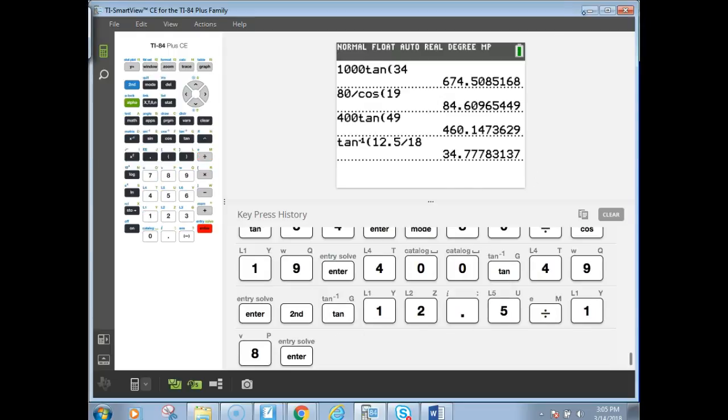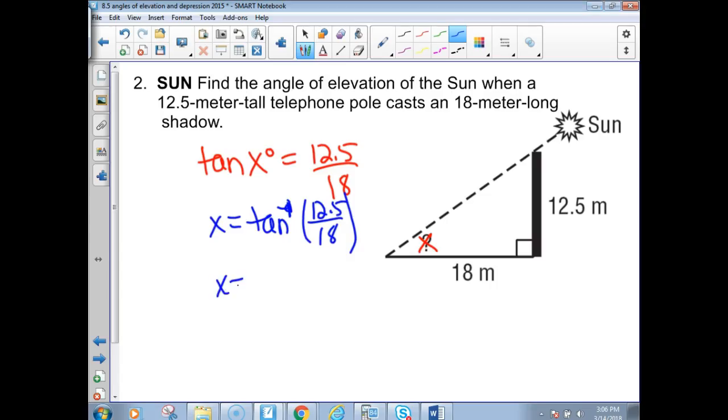All right, 34.8 degrees. If you're rounding to the nearest tenth of a degree, you're going to go after this first 7 and see that 7, round that 7 up to 34.8, excuse me. So then 34.8, you need degrees on your answer because it's in degrees.